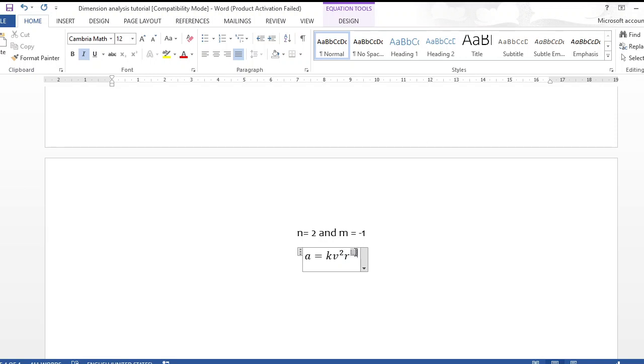So where there is m put negative 1, meaning this is now an equation for centripetal acceleration. So I'll just put a subscript c to define what we are dealing with. It's not just acceleration, but it's a centripetal acceleration.